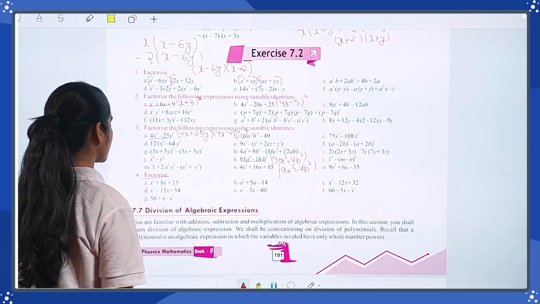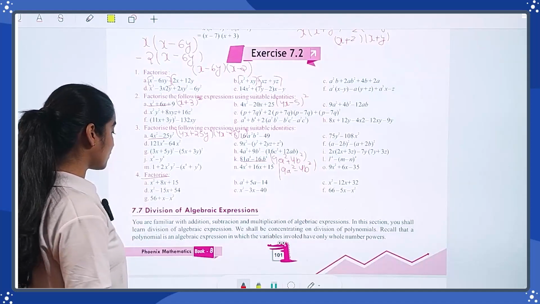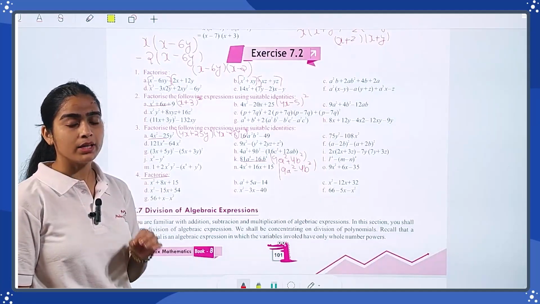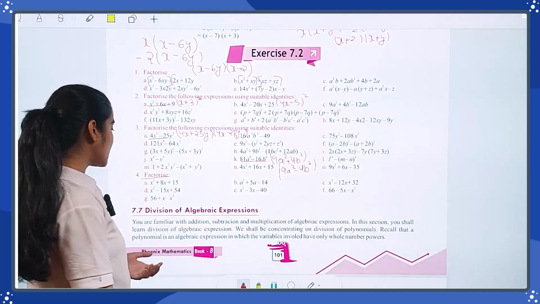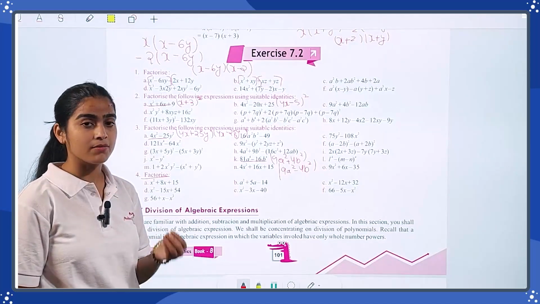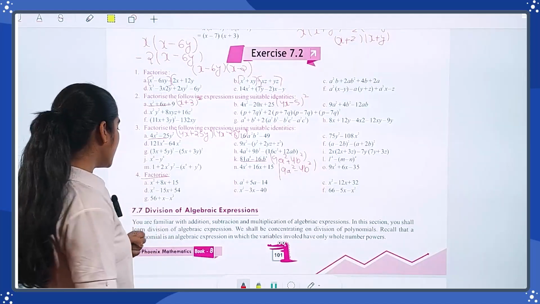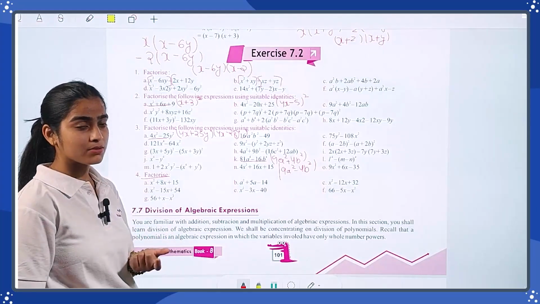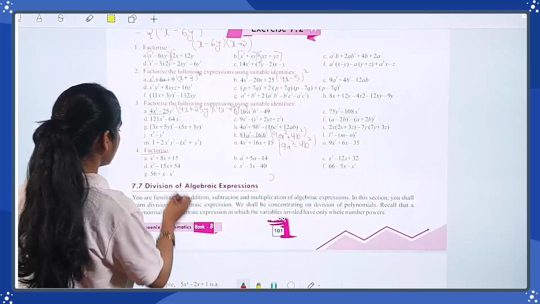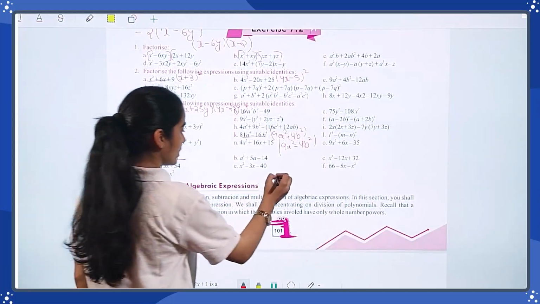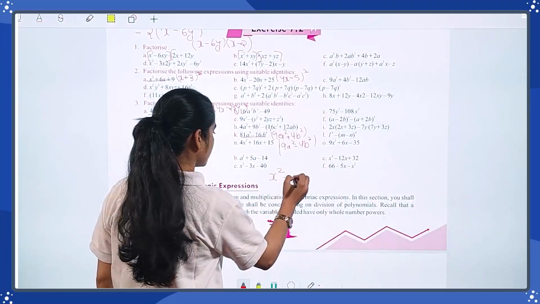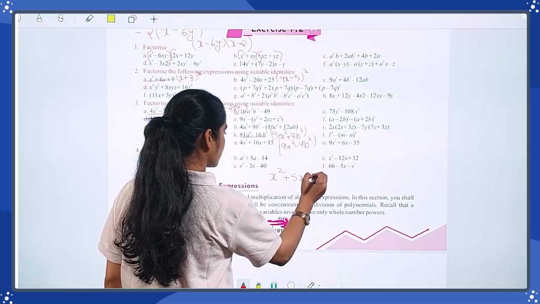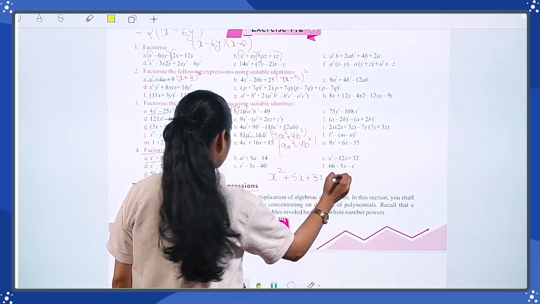Next we have factorize x square plus 8x plus 15. In this case, you have to find two numbers such that when you multiply them you get 15, and when you add them you get 8. So for this you can take 5 3s are 15 and 5 plus 3 is 8. So for this question you can take x square plus 5x plus 3x plus 15.